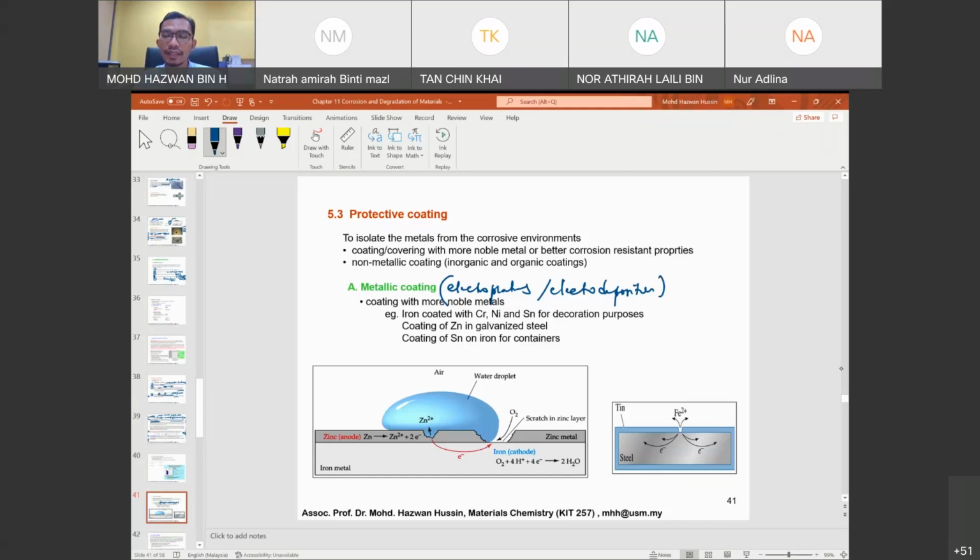When you want to protect the materials, you dip them in copper solution, for example, copper sulfate solution. So copper will deposit on the surface, making the surface become noble. This we call metallic coating. So coating with a more noble metal, the technique is electroplating or electrodeposition. For example, iron coated with chromium, nickel, and tin for decoration purposes. Coating with zinc in galvanized steel, coating with tin or iron on iron for containers.